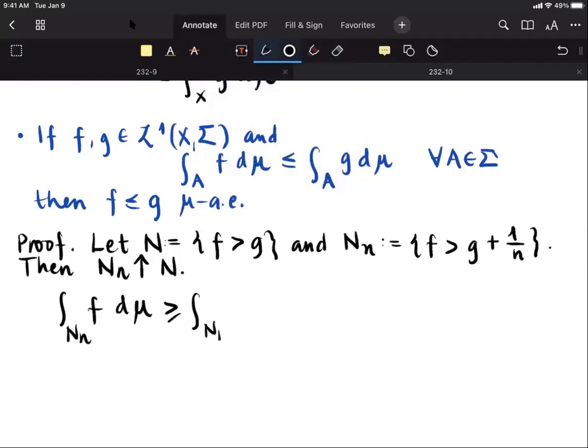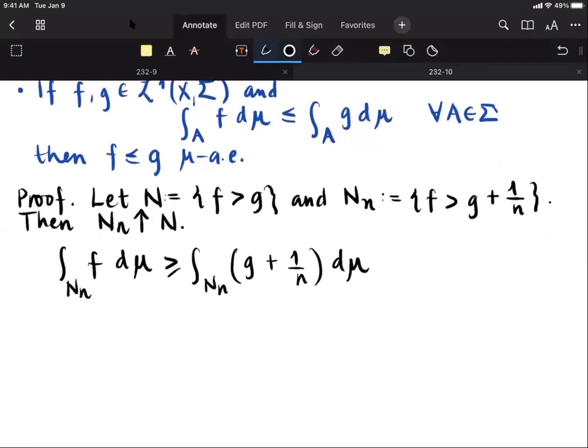So this is at least the integral of g plus 1 over n. That's the reason why we restricted the integral to N sub n, because we know this property here.